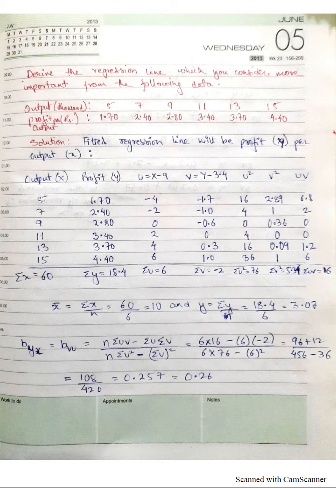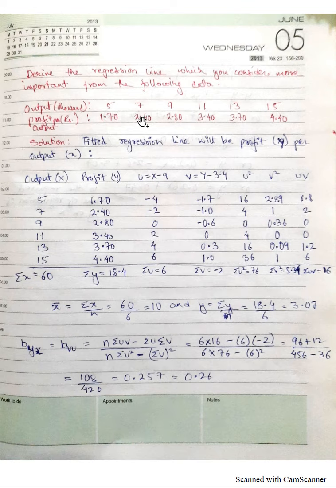Now let us see an example. Derive the regression line which you consider more important from the following data. So you are given output per 1000 units as 5, 7, 9, 11, 13 and 15, and you are given profit per unit that the company or the producer earns. By selling 5 units the profit per unit is 1.70.